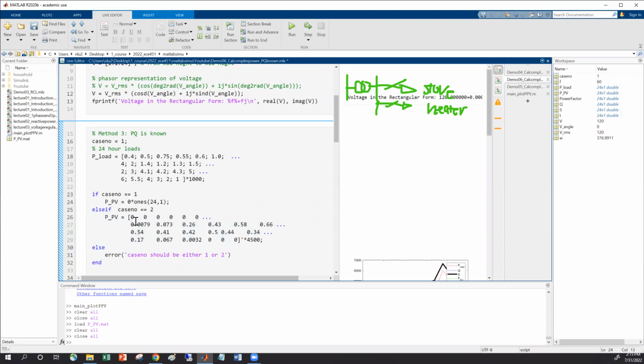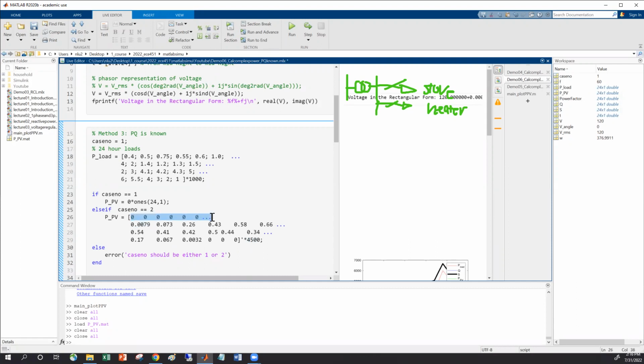And then in the second case, if I set case number equal to 2, then it will follow such a PV load profile. The PV has a rated power of 4,500 watts, and you can see this is normalized.